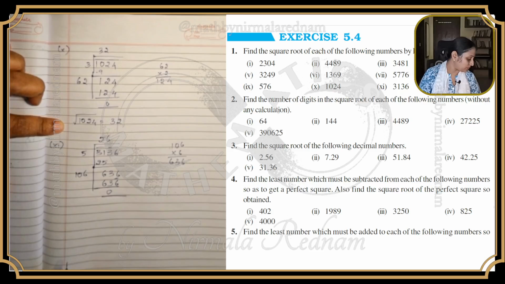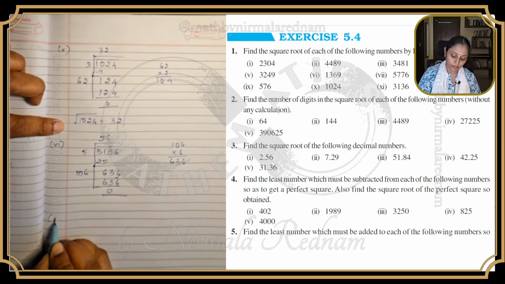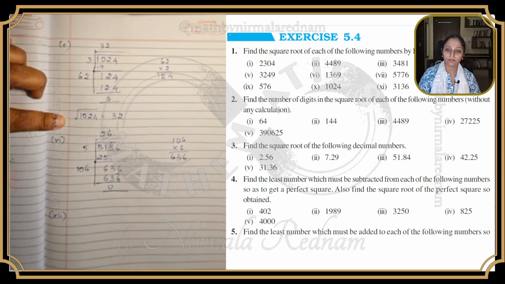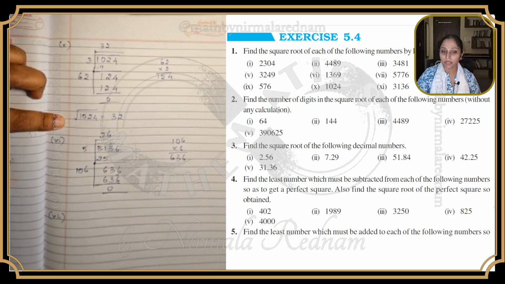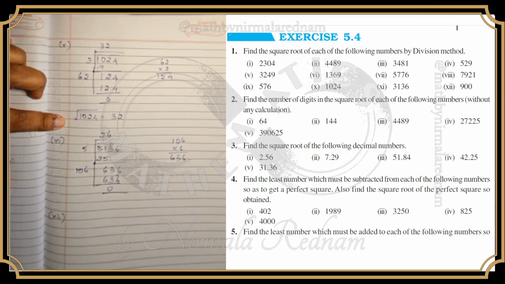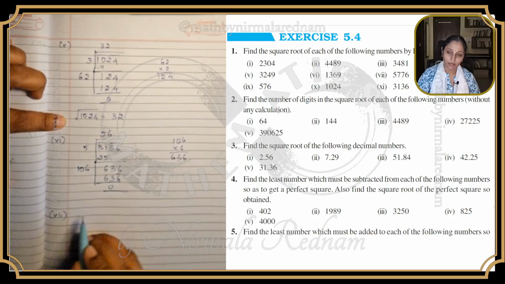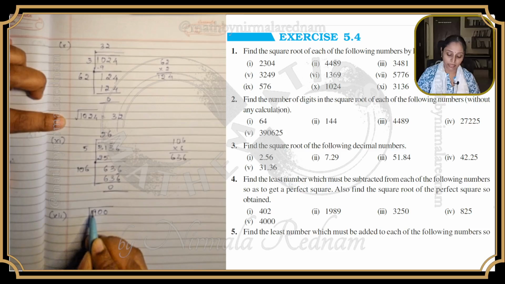So, the next one, the last one in the first question. Okay. Let's look at the next question. 900. Okay, 900 it is, I think, of all the easy questions, this is the easiest. Put the bars, and 3 square is 9.